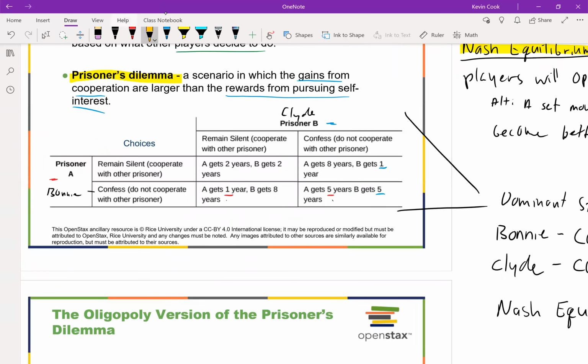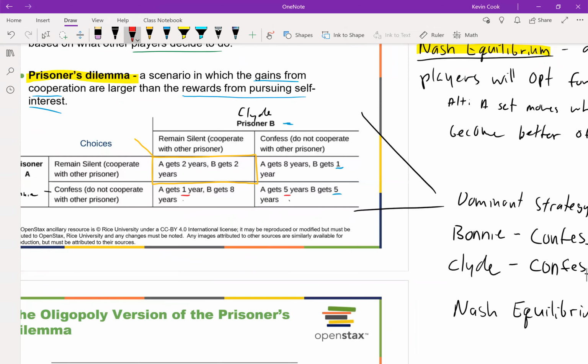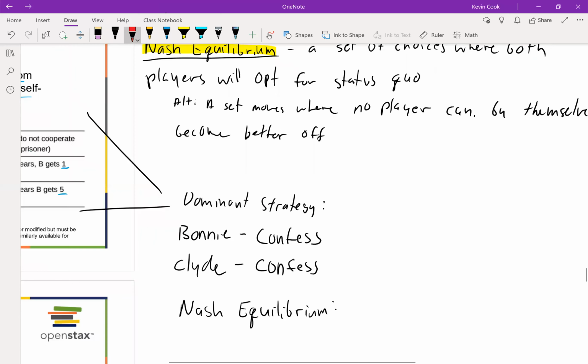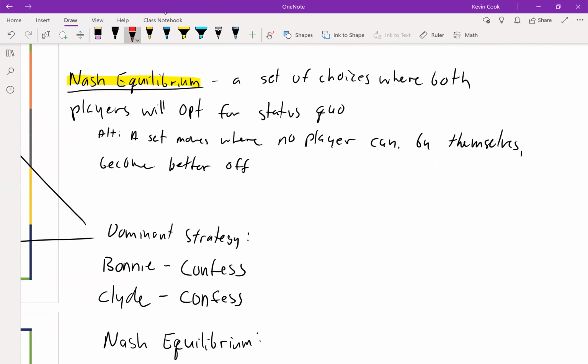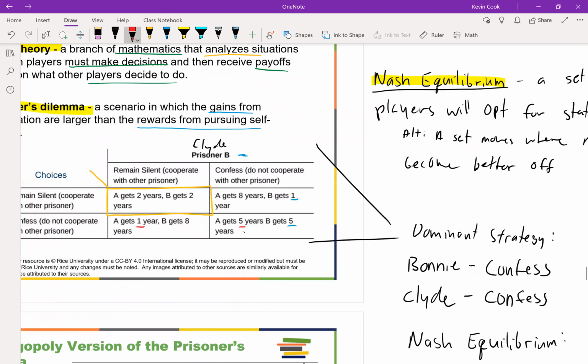The first thing we can do is analyze this first one: what if we both remain silent? If we look back at our definition, I'm looking for a set of moves where no player can become better off by themselves. So if we're in a position where either player can improve their situation, we don't have a Nash equilibrium.